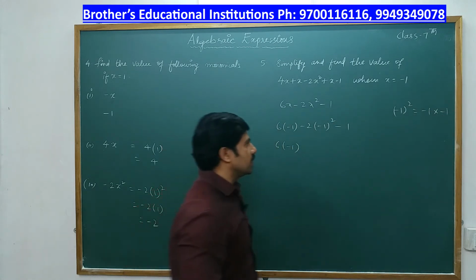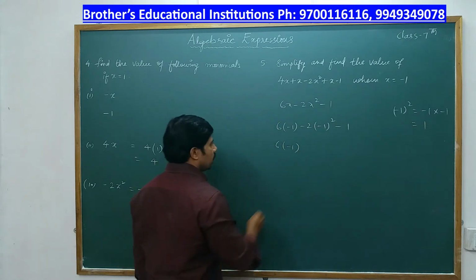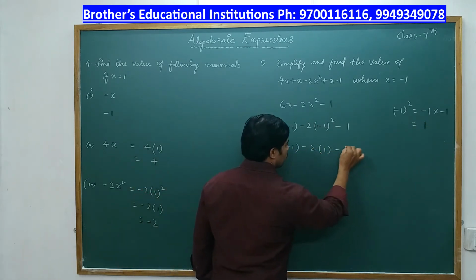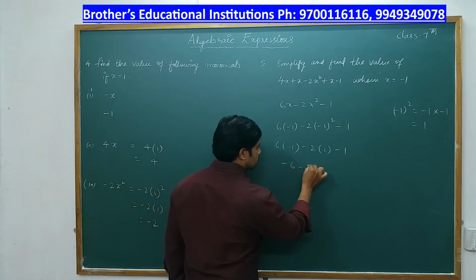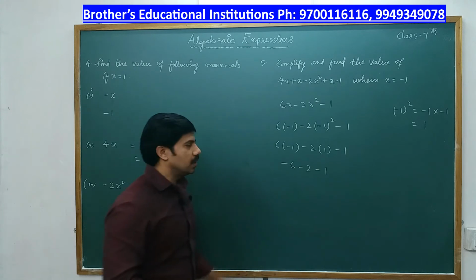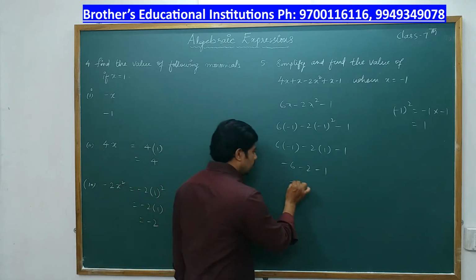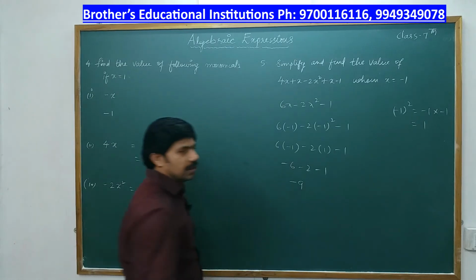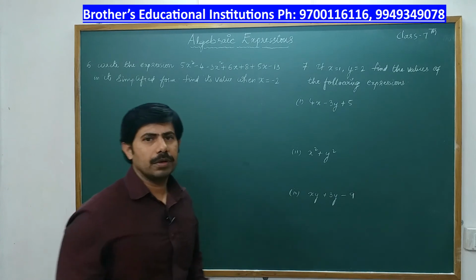So minus into minus is plus, 1 ones are 1. So here minus 2 into 1 minus 1. Okay. So we get minus 6 minus 2 and minus 1. Minus 6 minus 2 is minus 8. Minus 8 minus 1 is minus 9. This is completed. Next problem.